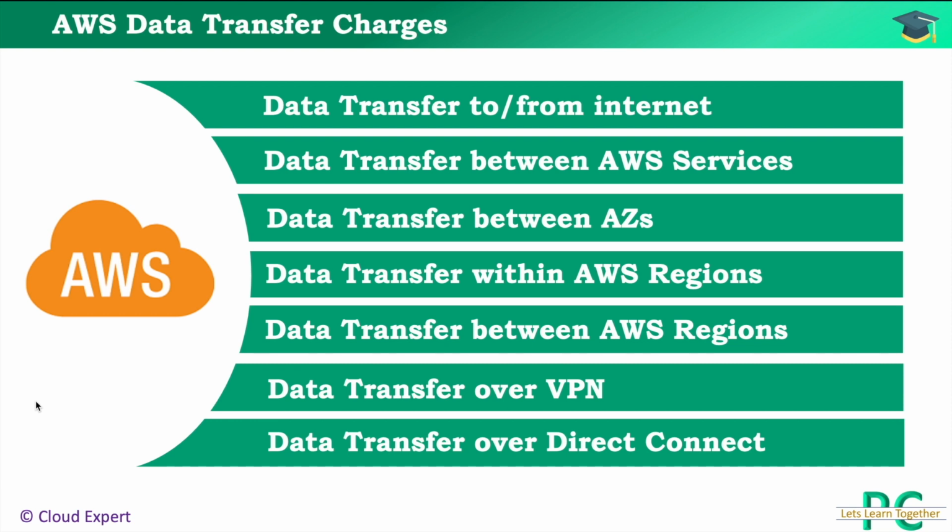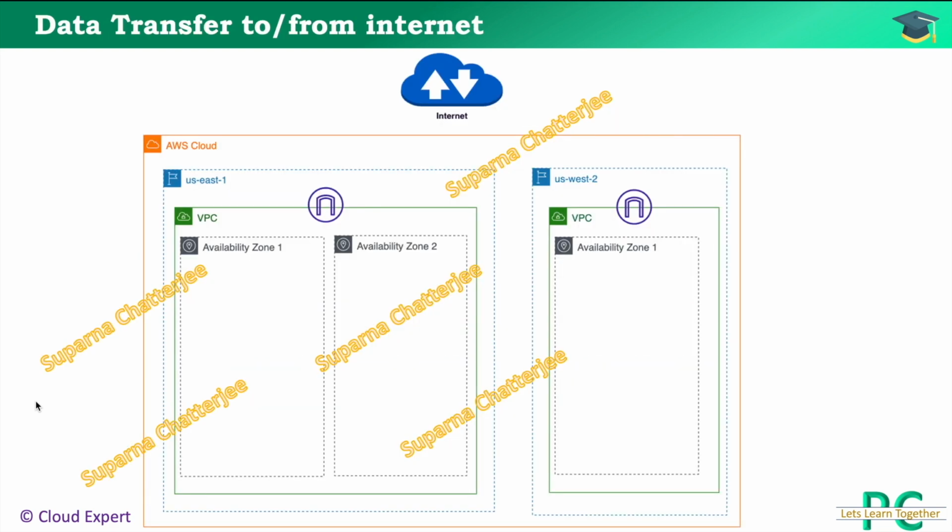Now let's start with our first use case, data transfer to or from the internet. In this use case, let's try to understand what is ingress traffic and what is egress traffic, and what the charges associated with ingress versus egress are. To start with ingress traffic, this is when traffic is originating from the internet and data is coming to the AWS Cloud.